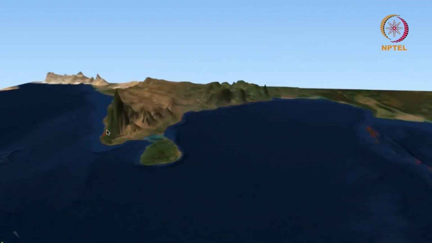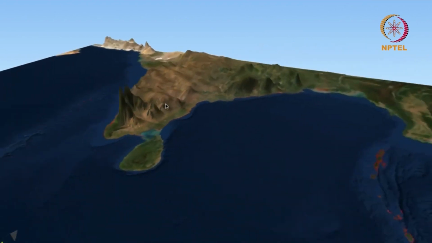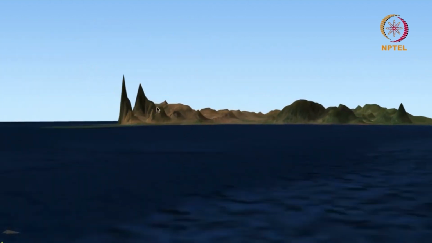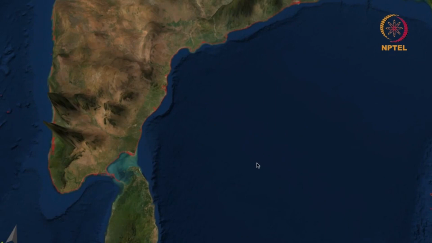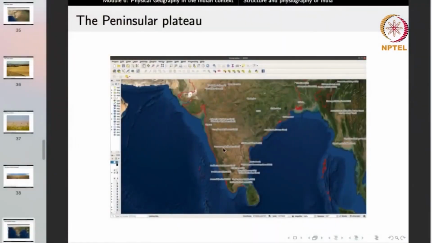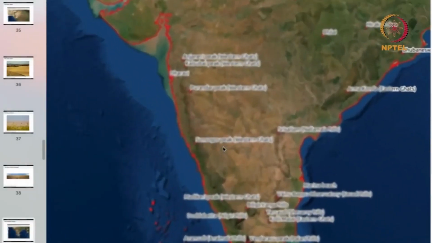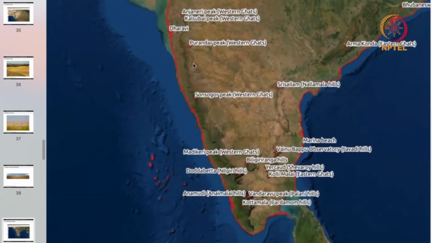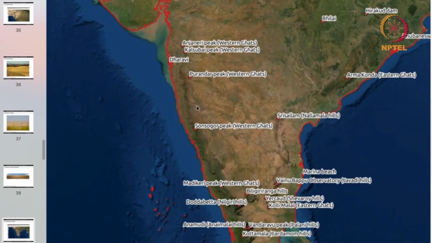And at the same time, this is a plateau region. Why is it a plateau region? Because if you look at it from the side, it looks more or less like a flat tableland. So we call it the peninsular plateau. Now this peninsular plateau comprises the Western Ghats, which run to the west of the country.